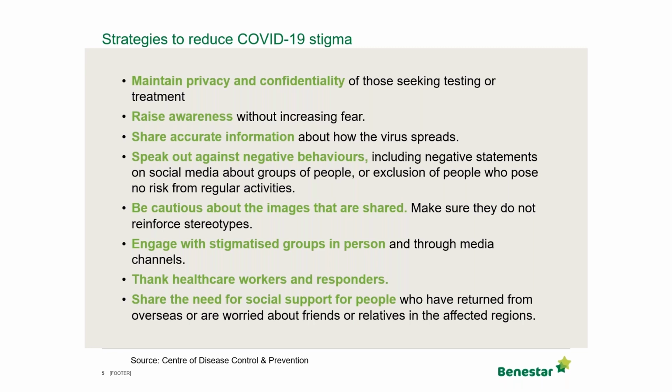We do this by sharing accurate information about how the virus spreads, avoiding salacious media, and making sure that we are speaking facts and truths and not spreading panic and misinformation. We can speak out against negative behaviours, including negative statements on social media like Donald Trump's, as we've just mentioned, against certain groups of people, or exclusions of people who pose no risk to regular activities.